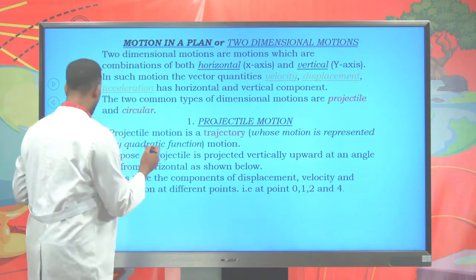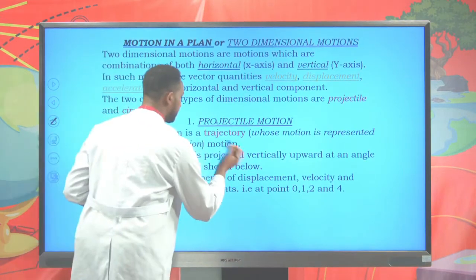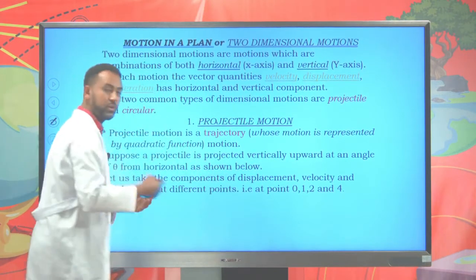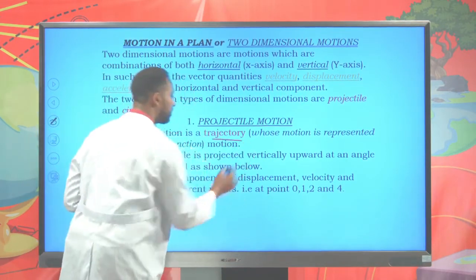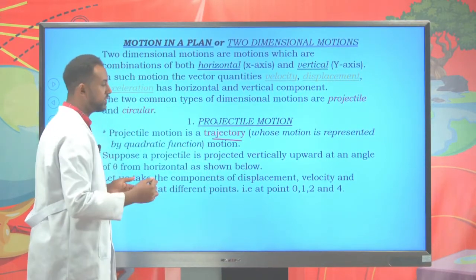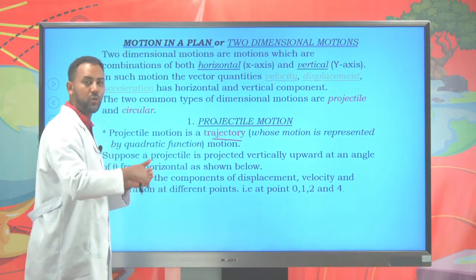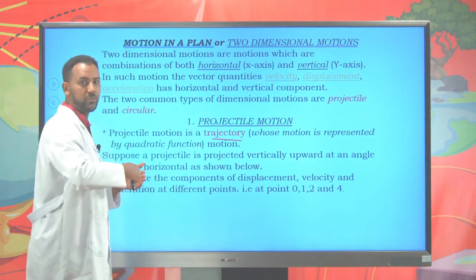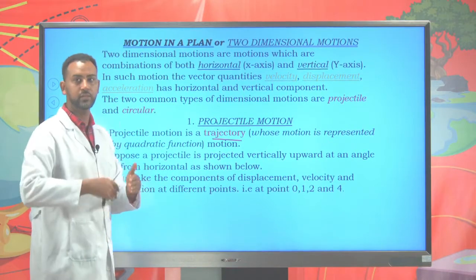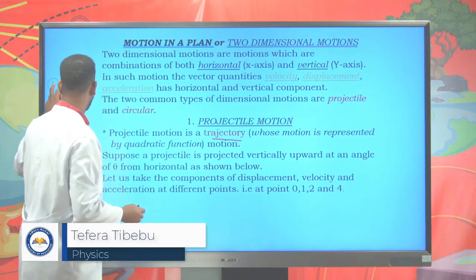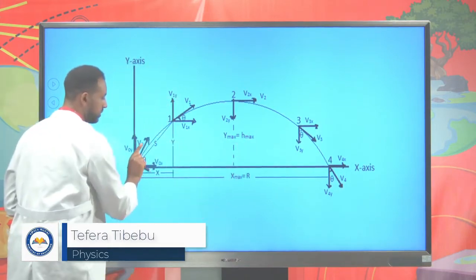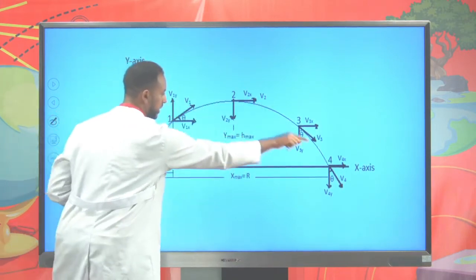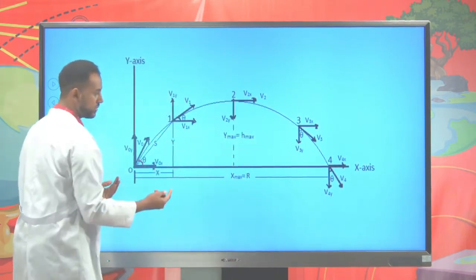Then the object that is thrown is called a projectile, and that projectile has a trajectory. The trajectory is represented by a quadratic or parabolic, or it's possible to say semicircular, pattern. So it has such a pattern. If you are throwing something, it will move like this and fall at some point there.